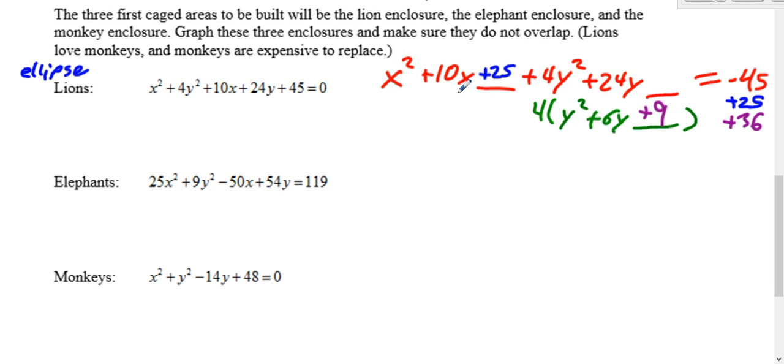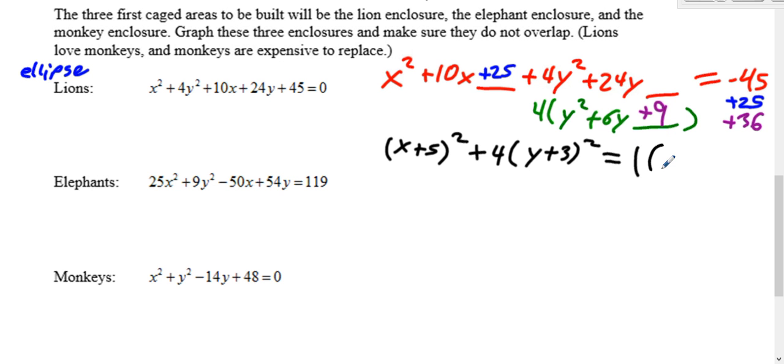So now that we've completed the square, we just need to write it in factored form. That's (x plus 5) squared plus 4(y plus 3) squared, and add all those numbers up. -45 plus 25 plus 36 is 16.